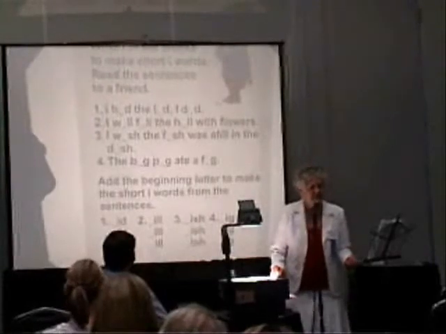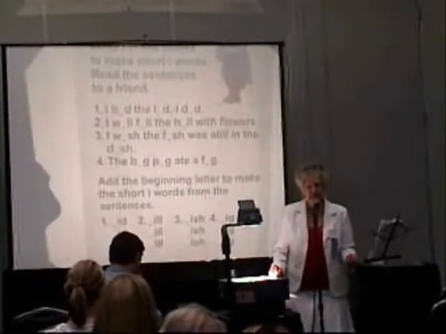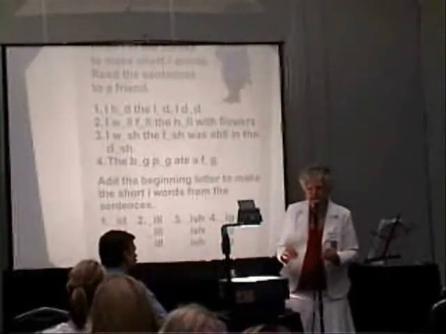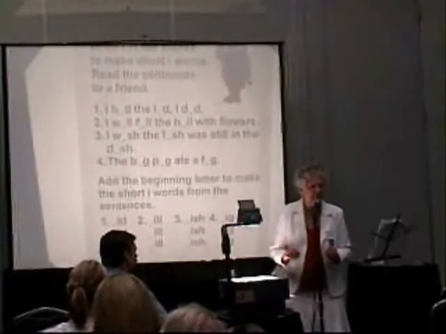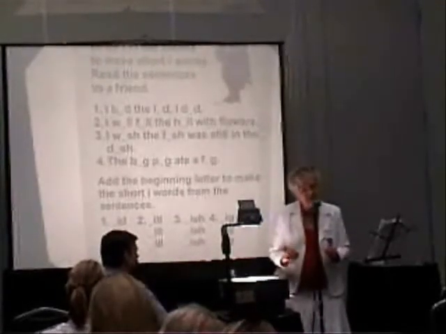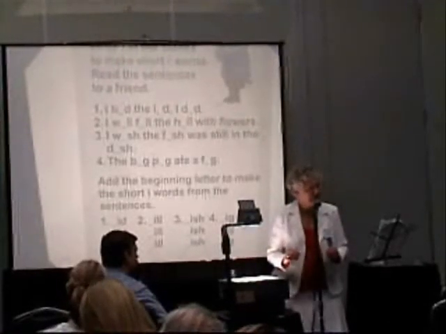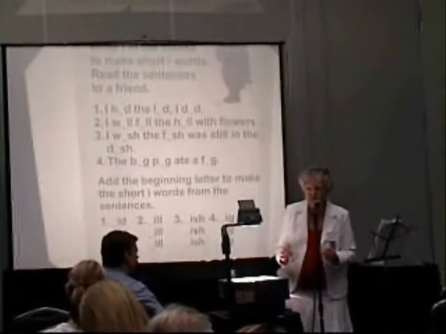And I'm supposed to be teaching you the short I sound. This is called implicit instruction. It means it's implied, it's embedded. It's not explicit, which is the details, child. The details, let's teach them to your neurological team.